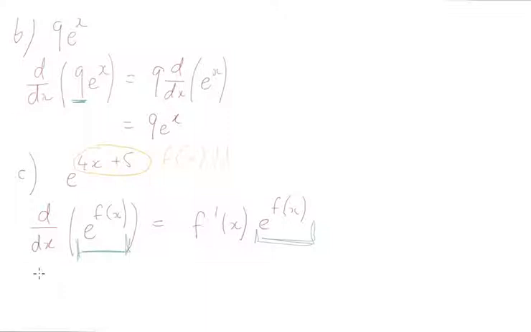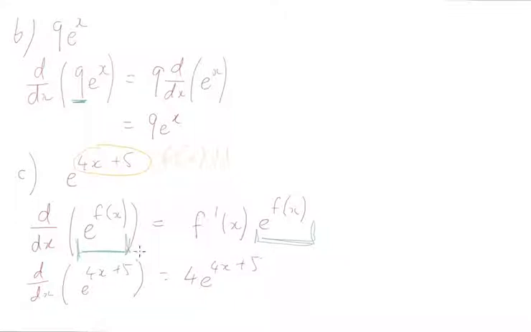So my answer, d on dx of e to the 4x plus 5, is equal to 4 e to the 4x plus 5. That's the top differentiated outside of e to the 4x plus 5. Okay, not too bad there at all.